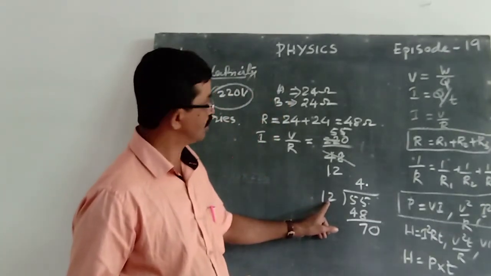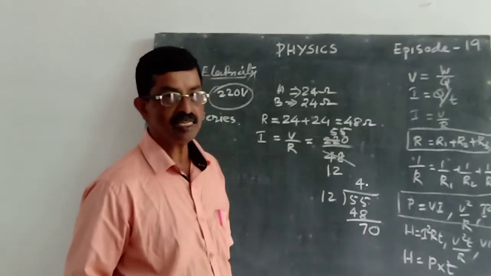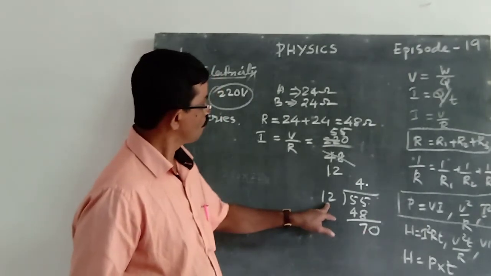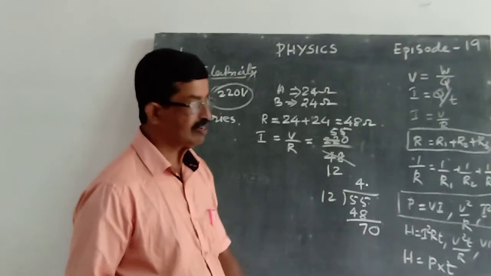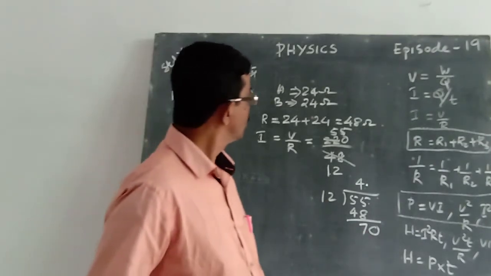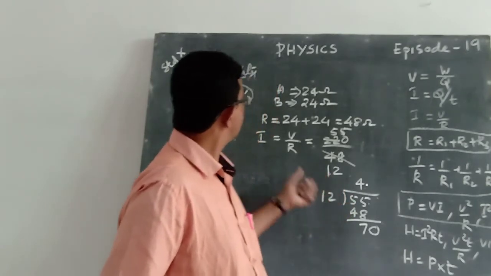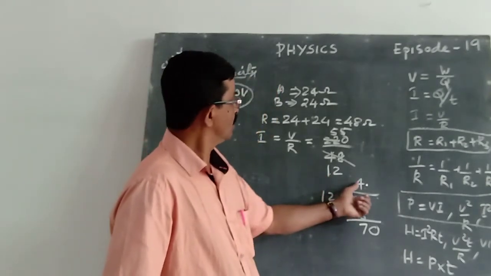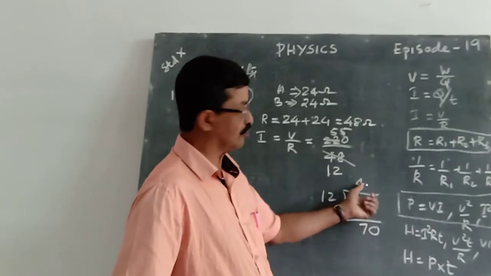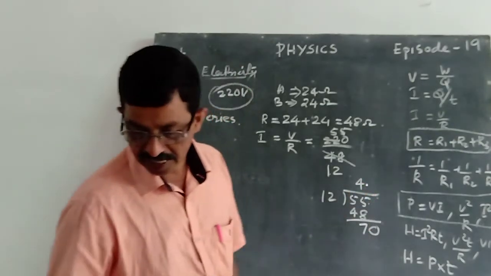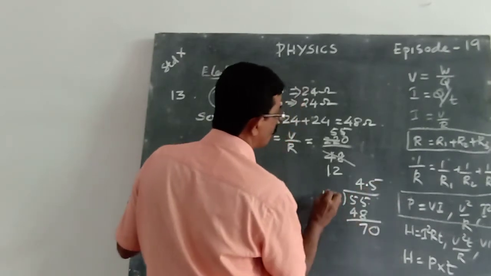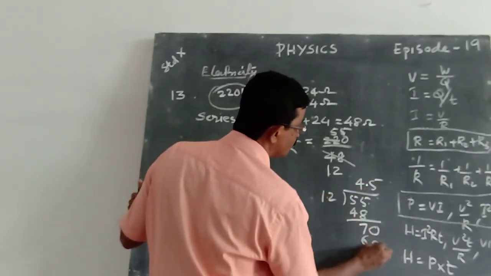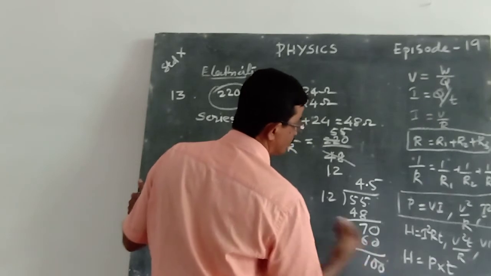How much will it be? In 70, how many times will it come? That means when we divide this 12 with 4 times, that is 4 point, and this will come 5. 12 times 5, 60, balance 10.